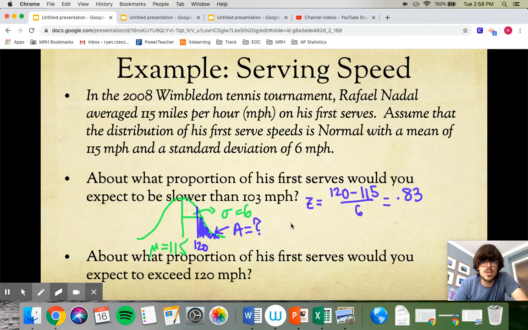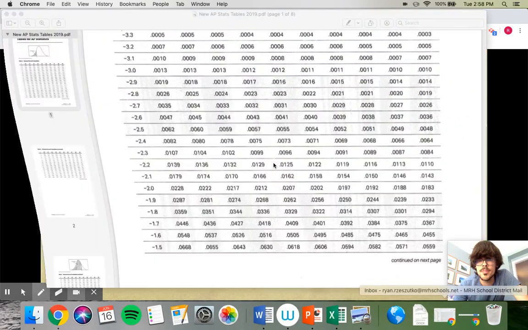This time, I'm going to use table A still. But table A always does a less than probability. So what I'm going to be finding when I use table A is the probability Z is greater than 0.83. That means I'm going to go ahead and put a 1 minus. I have to do a 1 minus on whatever I get, so I'm just going to put that now so I don't forget about it.